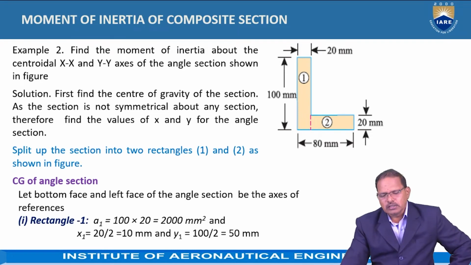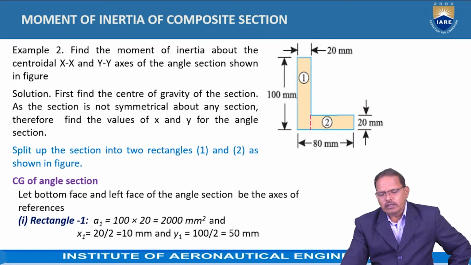Now divide this L section into some number of segments such that each segment is represented in the form of a rectangle, square, triangle, semicircle and so on. That is nothing but regular sections. Here, according to this L section, we can divide it into two rectangles.